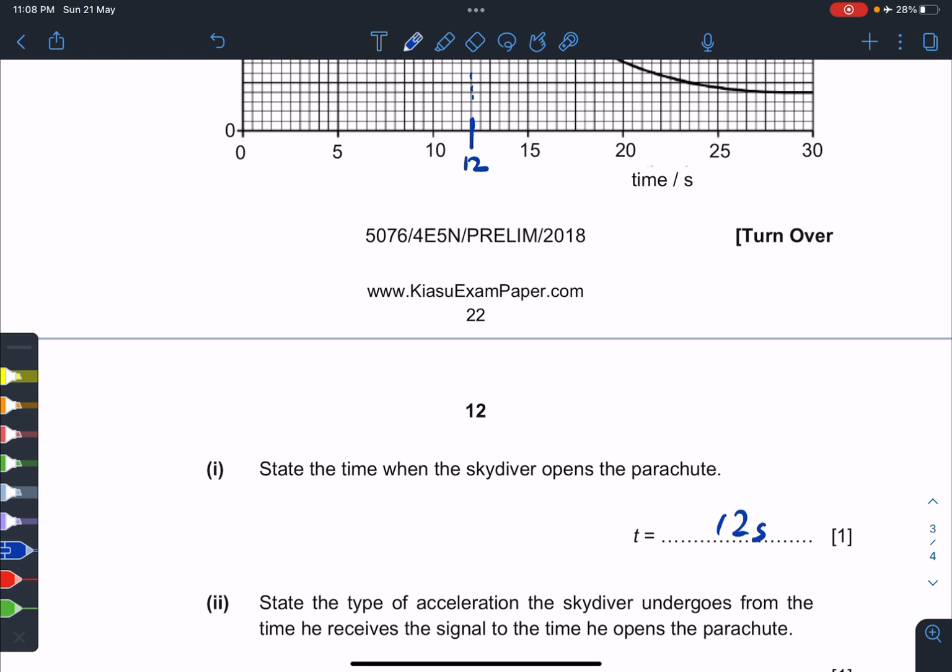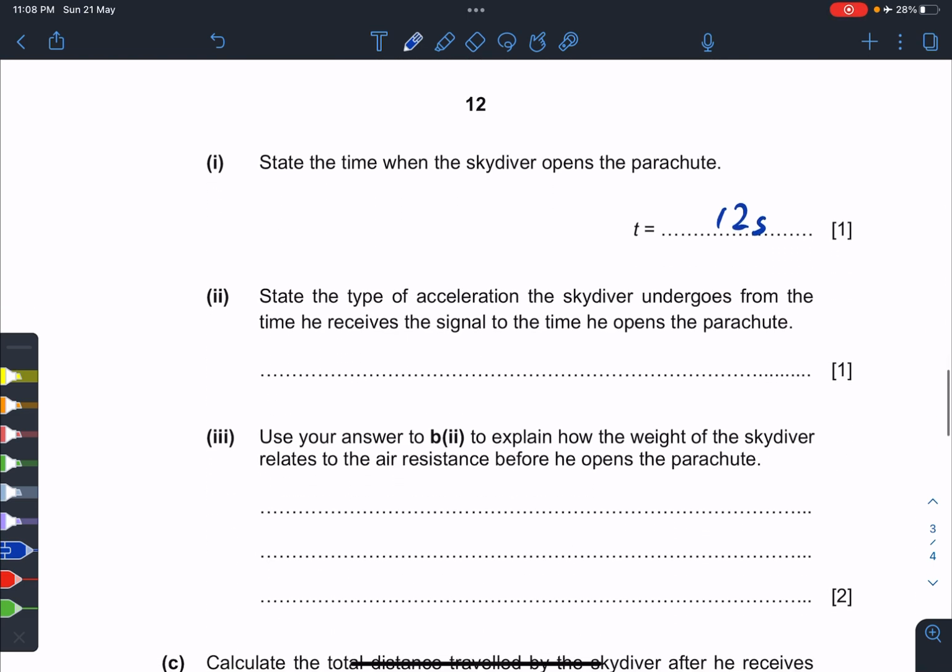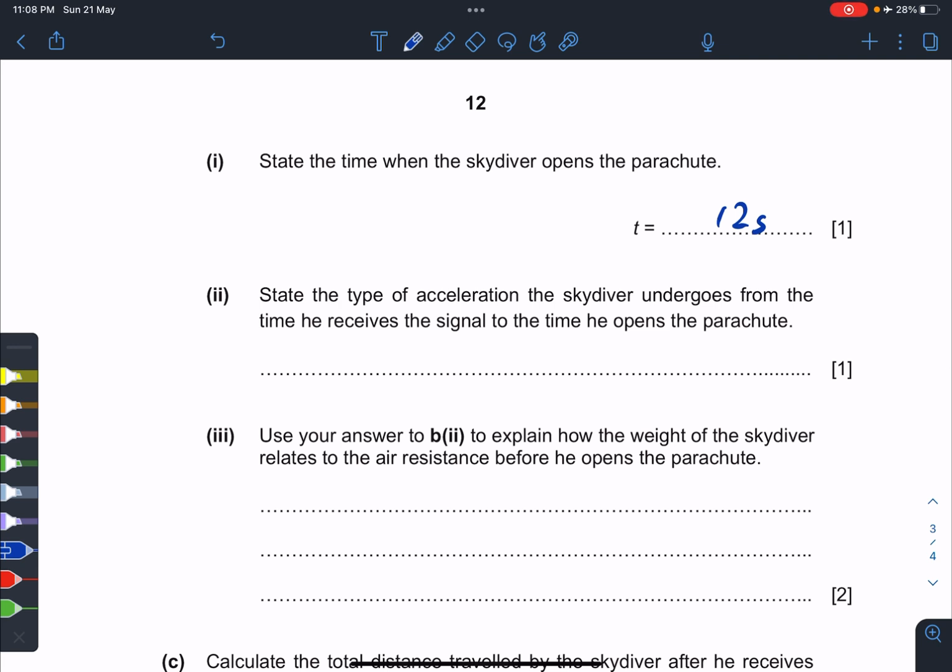Don't waste marks. Remember the units. State the type of acceleration. So it is actually your zero acceleration.